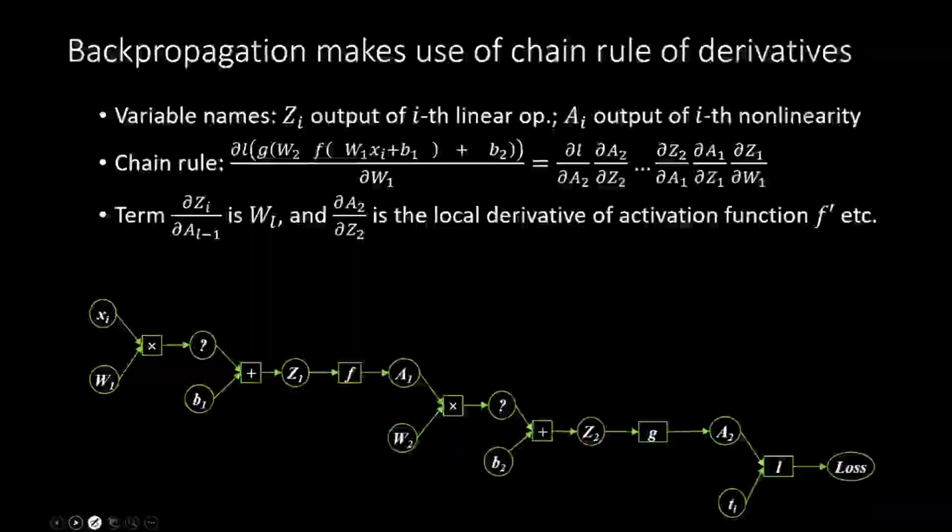Let's assume we have a two-layer neural network where everything has dimension 1 for convenience, but later on we will see how to expand the dimension so that we can deal with vector derivatives, matrices of weights, vectors of biases and so forth. For now, let's assume that everything is just a scalar.